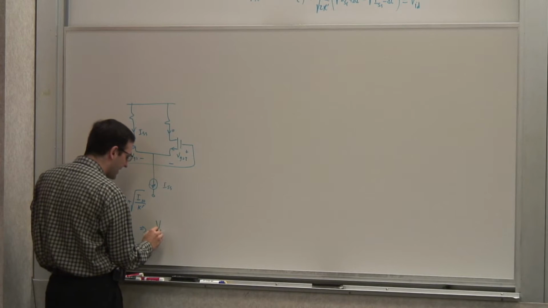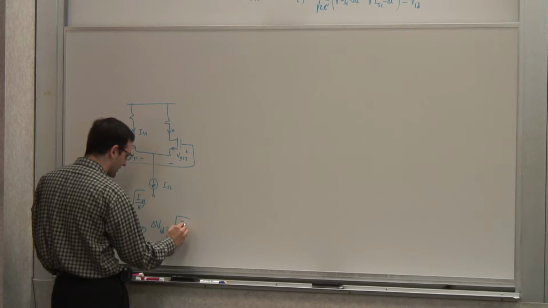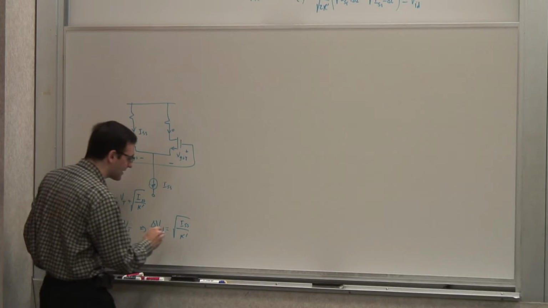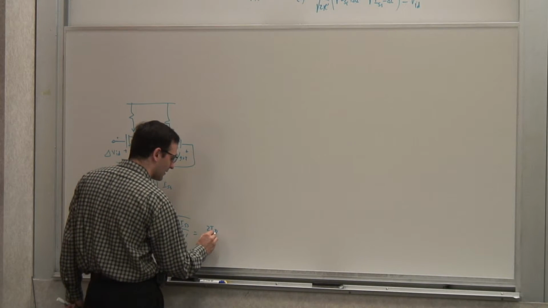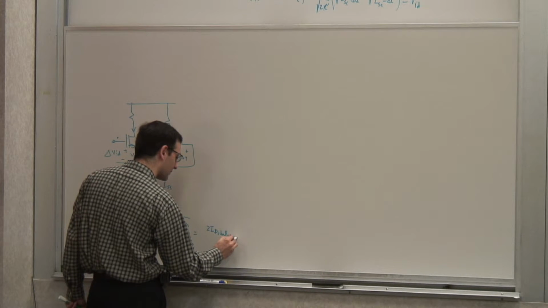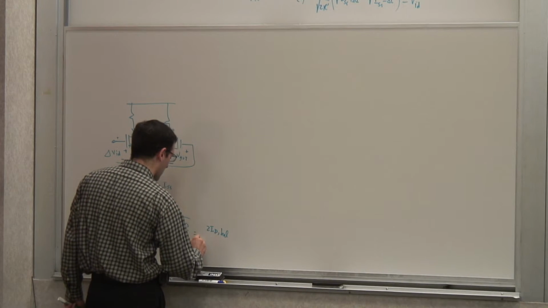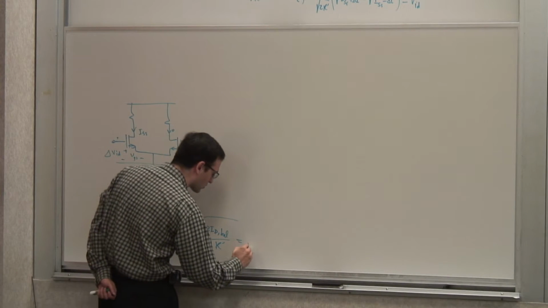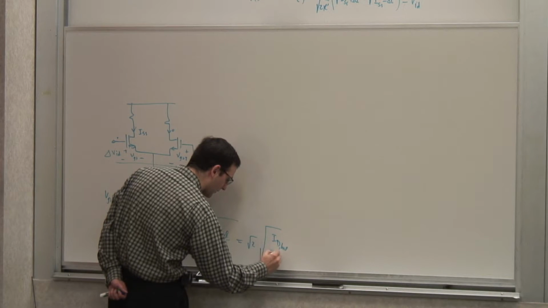Therefore, the delta VID at that point is the square root of ISS over K prime. Now ISS is twice the ID of the balanced stage, divided by K prime. So this is the square root of 2 times ID balanced divided by K prime.